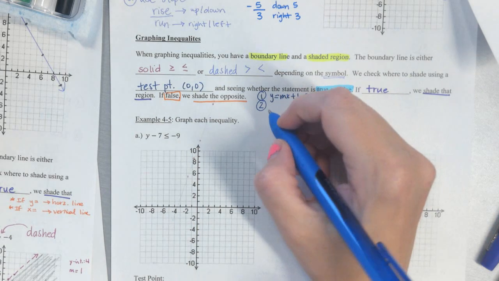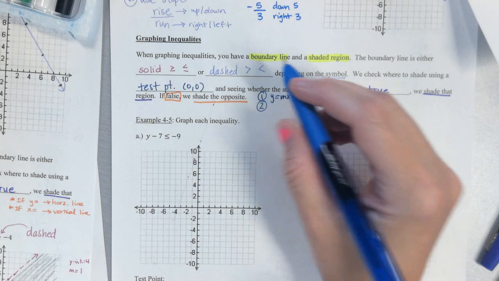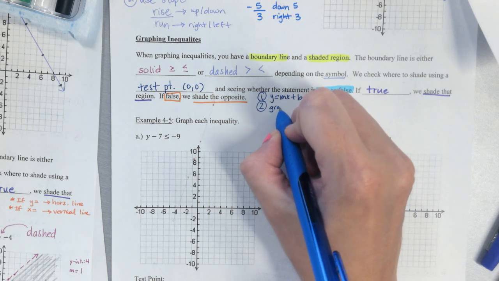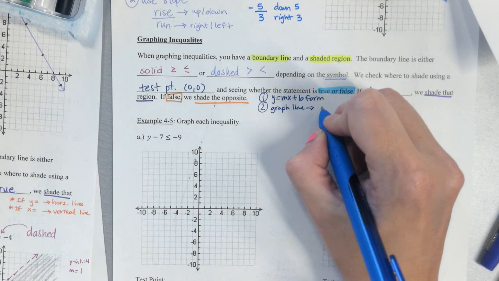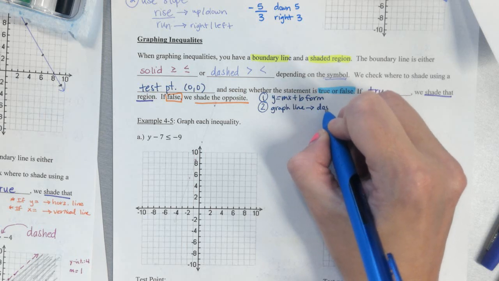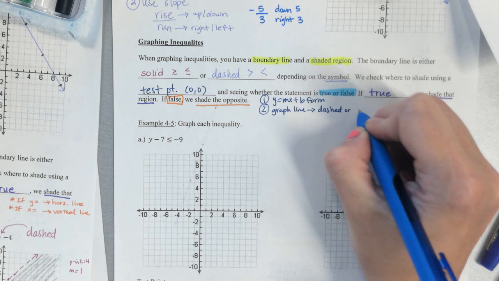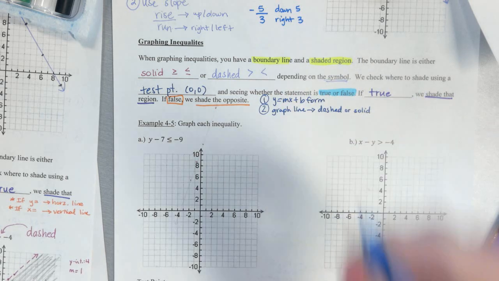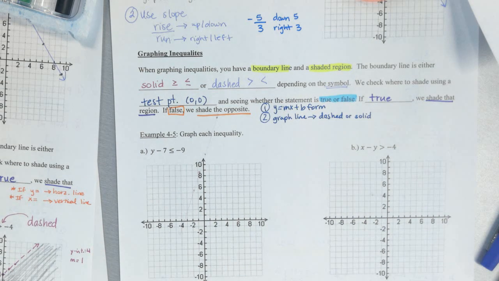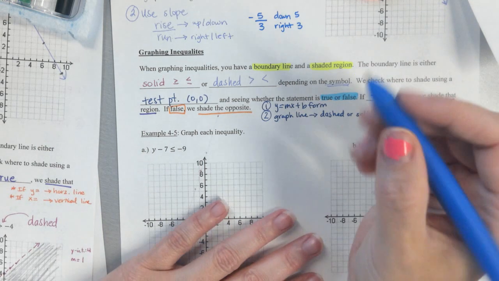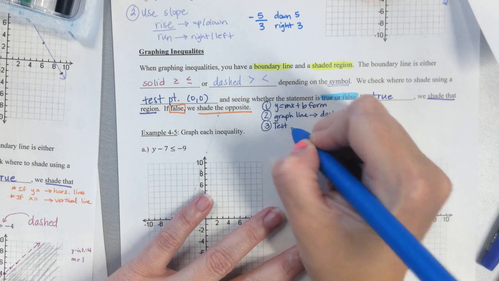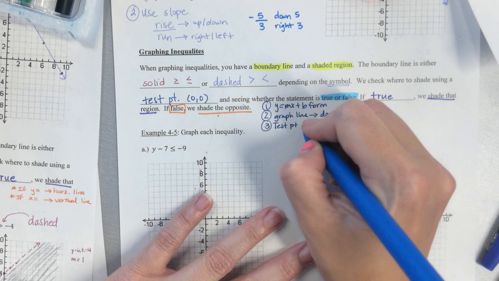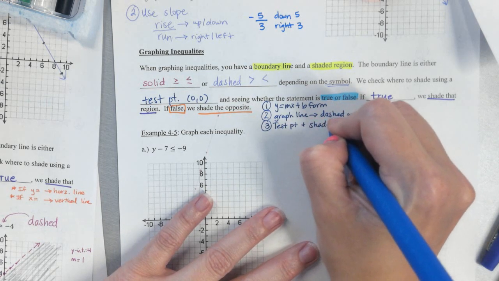Okay, and then I'm going to graph the line, and then I decide if it's dashed or solid. So get it in the proper form, and then graph the line, figure out if it's dashed or solid. And then the last thing I do is use the test point, and then shade.